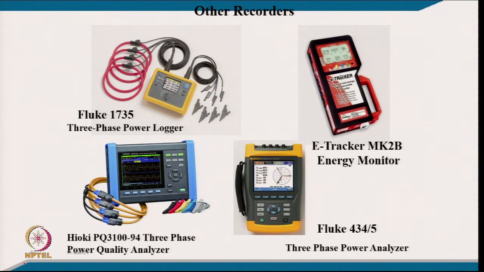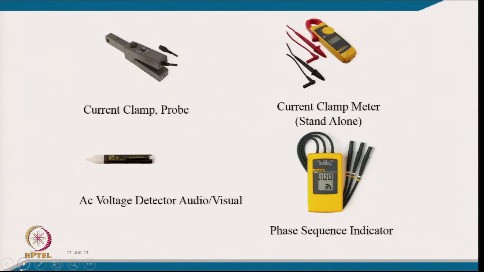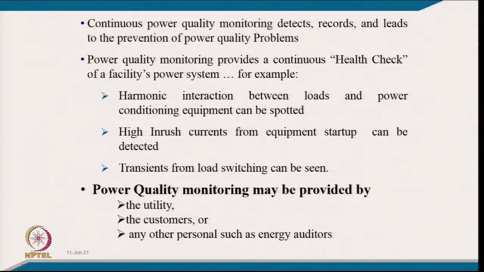Similarly, you have other recorders like the Fluke 1735 3-phase power logger, the Hioki PQ3100 3-phase power quality analyzer, then the Fluke 434 or 435 3-phase power analyzer, and then the E-Taker MK2B energy monitor. Then you have current clamps which you typically use along with those recorders, and you have a standalone current clamp also, as well as an AC voltage detector, outdoor visual inspection, and you have a phase sequence indicator also. So, these are some of the instruments.